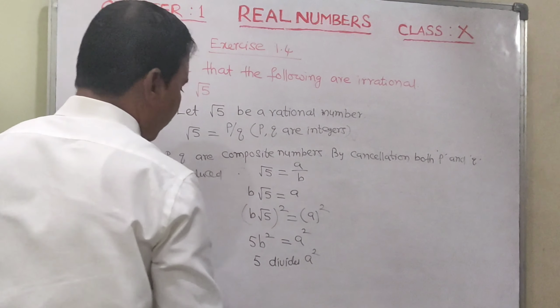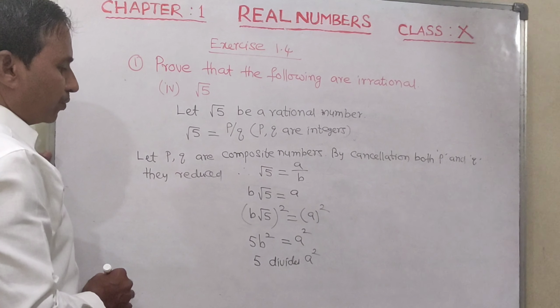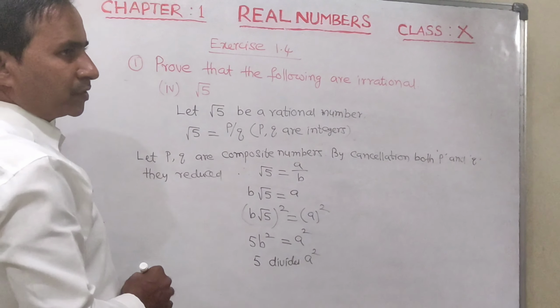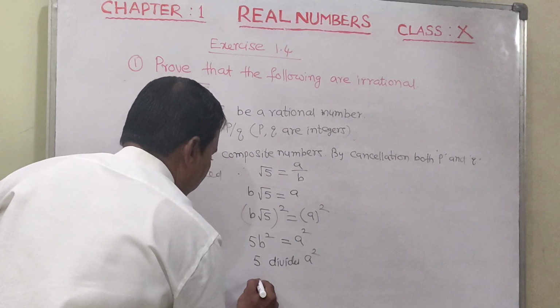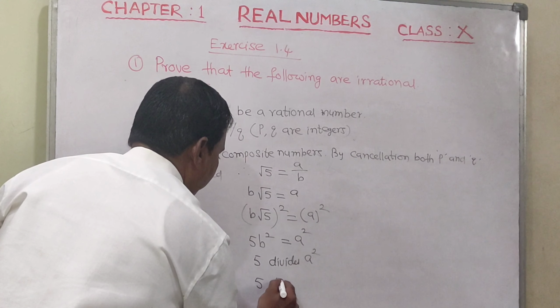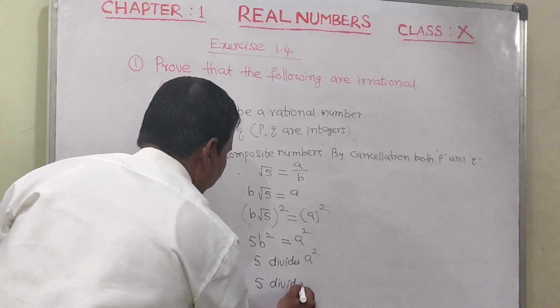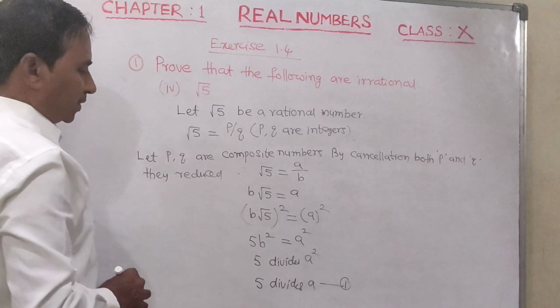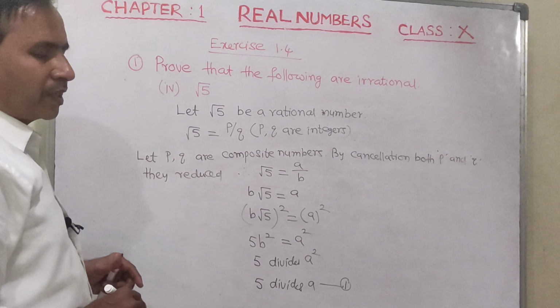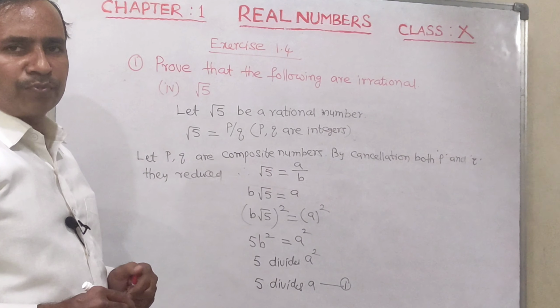By theorem 1.6, if p divides a square, then p divides a. So, we can write 5 divides a. Let it be the first equation. We will see the theorem 1.6 proof lastly.